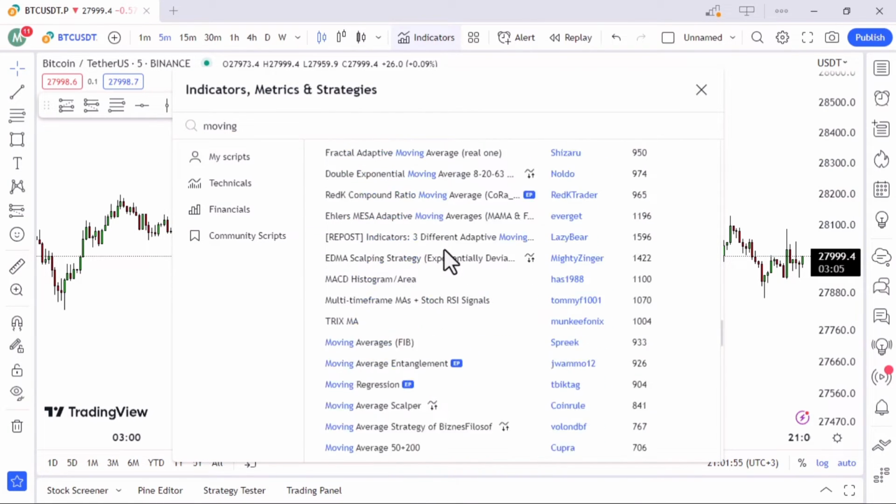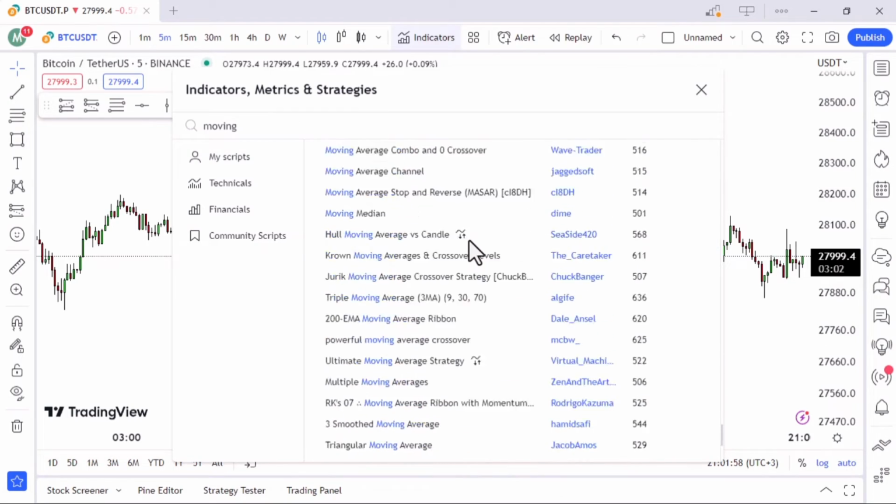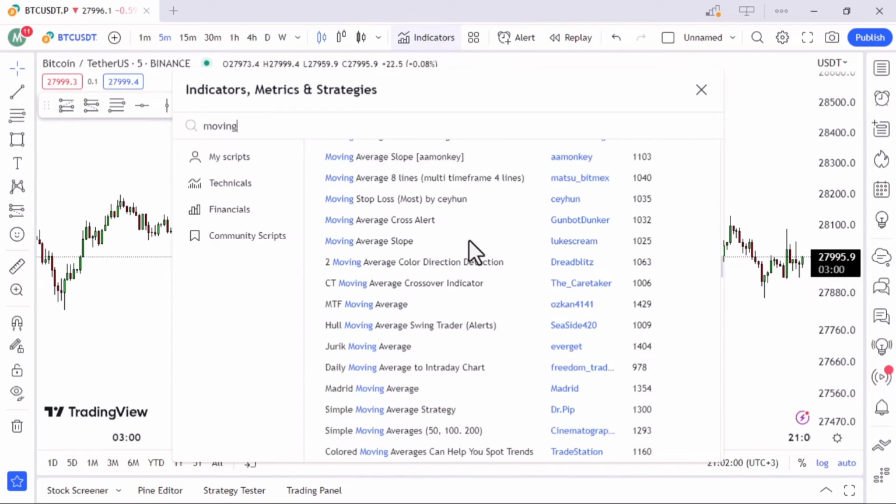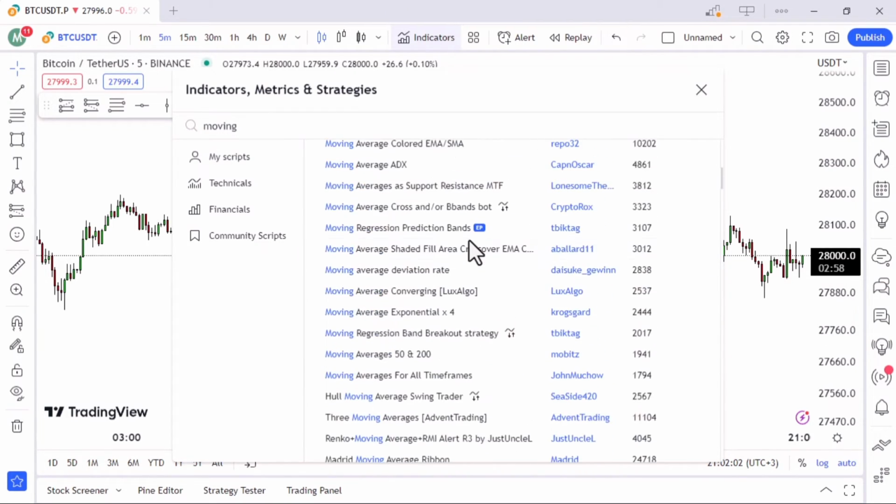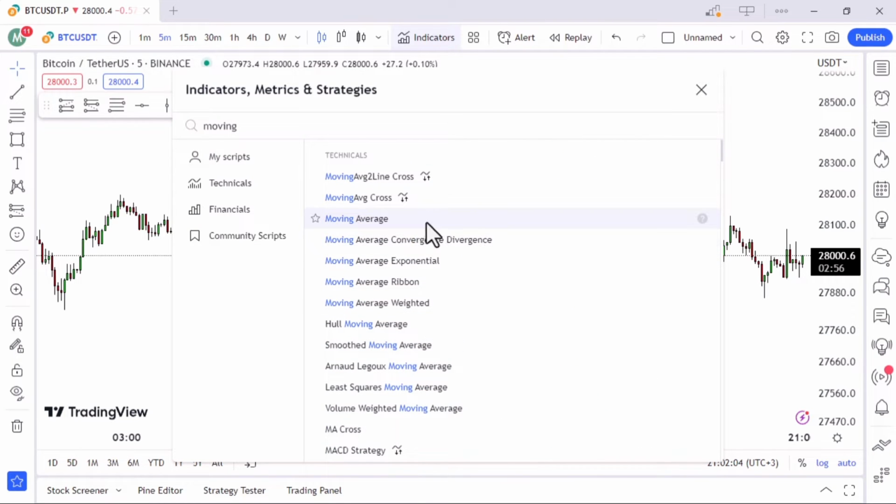These are other people, programmers, who wrote different types of them, but we only want to use this one. This is the default setting of any technical chart. It doesn't matter if you want to do your technical analysis in the MetaTrader application, on TradingView, or on your exchange chart, but these are the default indicators. So we're gonna choose this one.